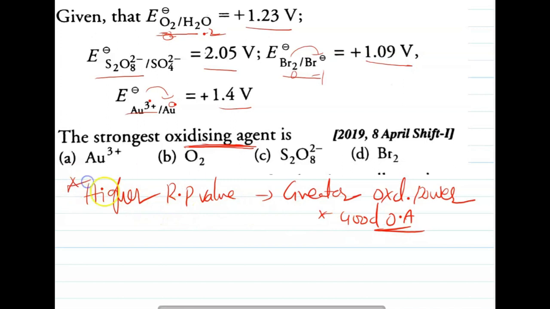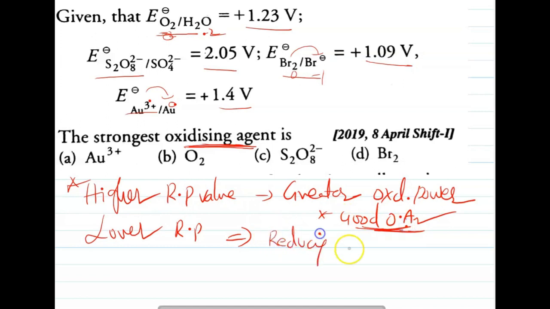This is how you should remember. Very important. Higher the value, greater is oxidizing power, good is the oxidizing agent. If lower is the reduction potential, it is not a good oxidizing agent, but it can act as a reducing agent.